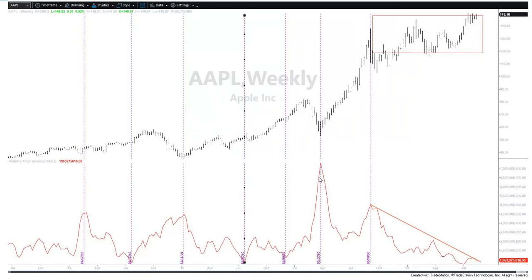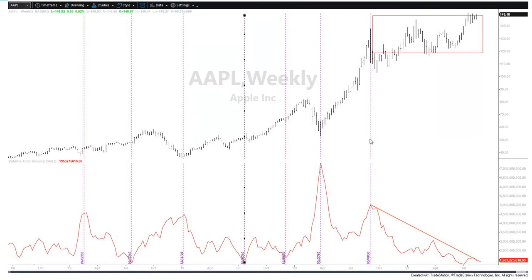Then we got the huge spike where we ended up trading 7 billion contracts that week, and that ended up being the low on 327.20 after the flash crash of last year.